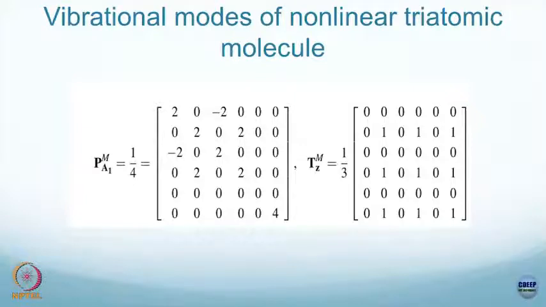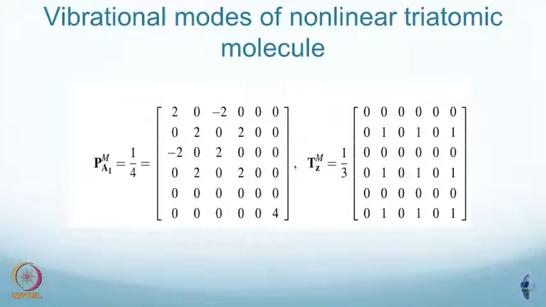you have to look at translation. What is the projector for translation? Suppose I am looking at translation along z direction, because A1, as I said, is associated with translation along z direction. The projector for conventional translation along z axis is just that you have to shift the z by some constant.